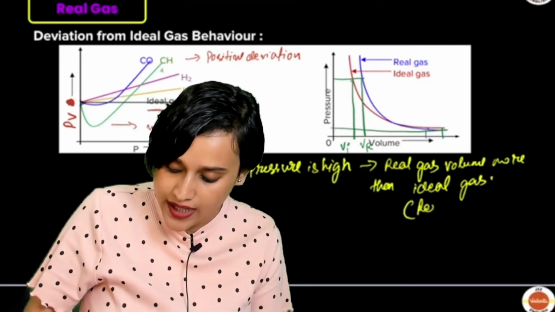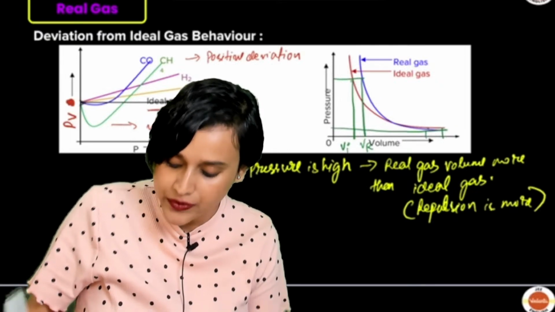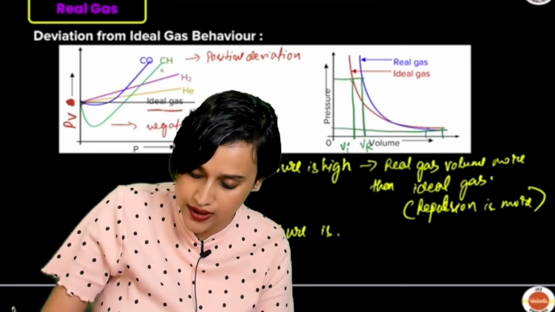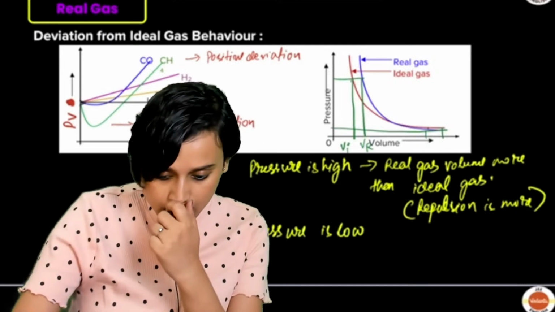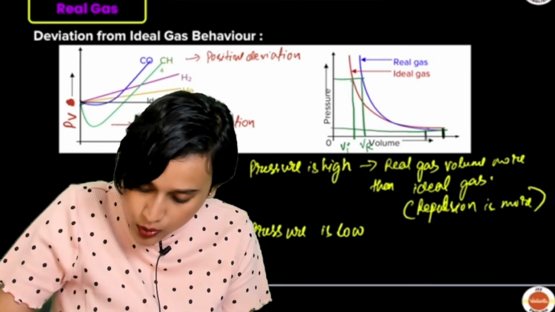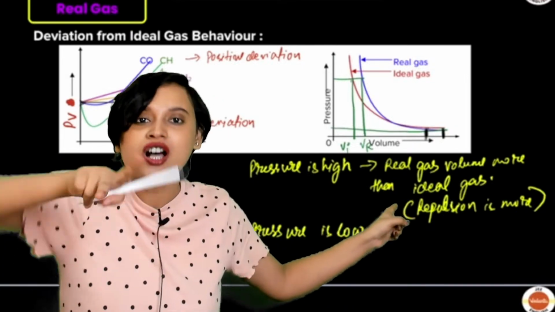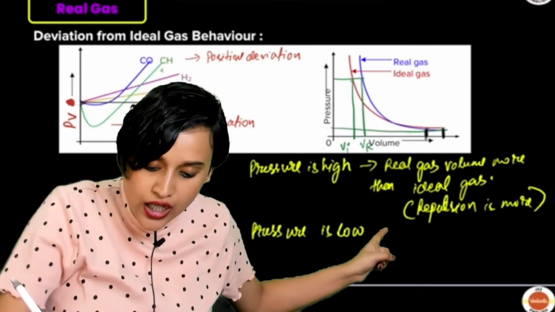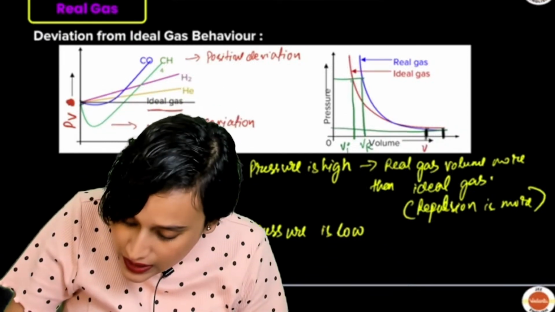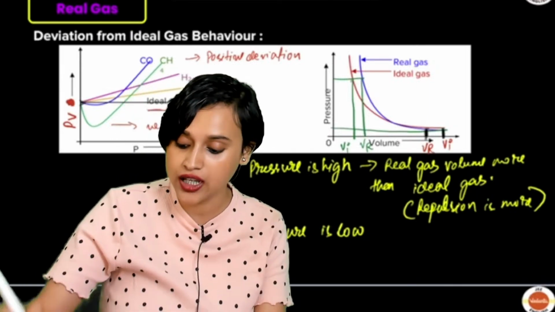Yes. So this is what is happening here. Here, repulsion is more, okay? And then when pressure is low, just check it out, everybody. Right here, do you see what is happening? You get to see just the opposite of it. That means the real gas volume is lesser than the ideal gas volume.